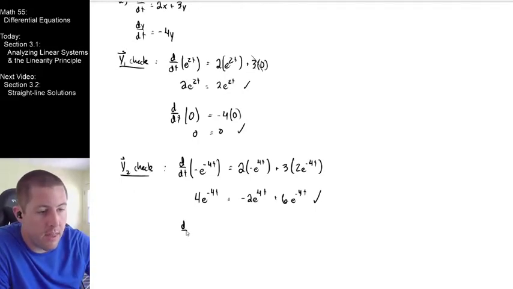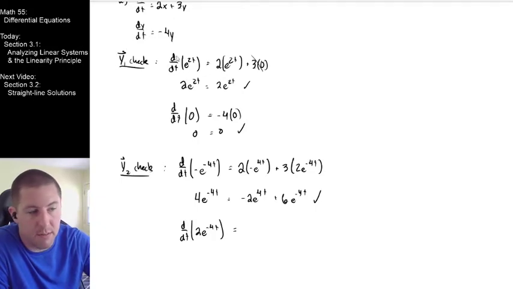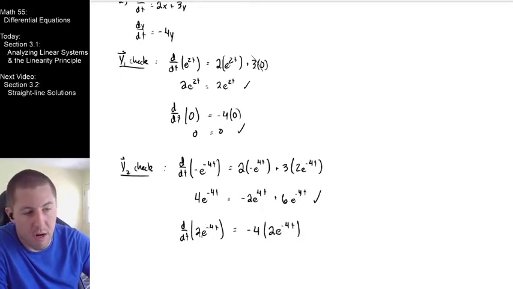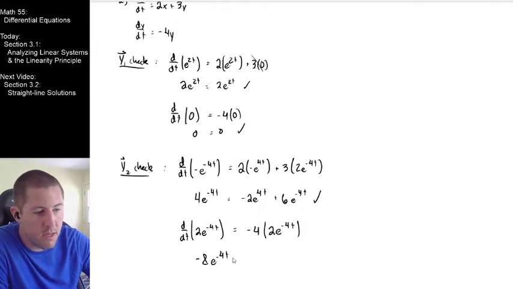We now need to check that the derivative with respect to t of our y equation is going to give us the result from the dy/dt equation, negative 4y. So this should be negative 4 times our y, which is 2e to the negative 4t. And I check over here, my derivative is going to pop down a negative 4, so I'm going to get a negative 8e to the negative 4t. And over here, we can clearly see this is also going to give us a negative 8e to the negative 4t.